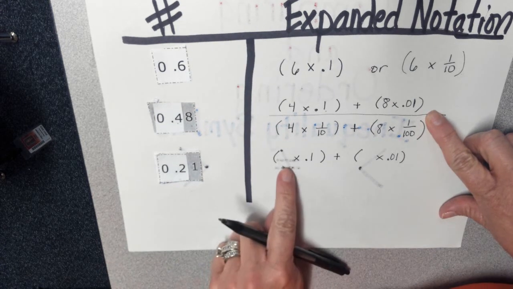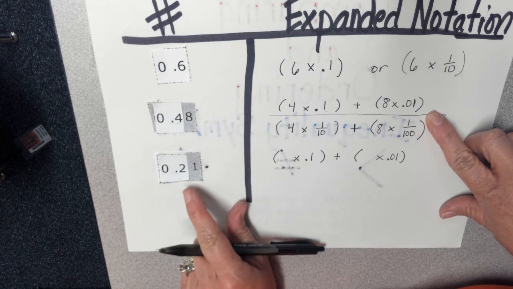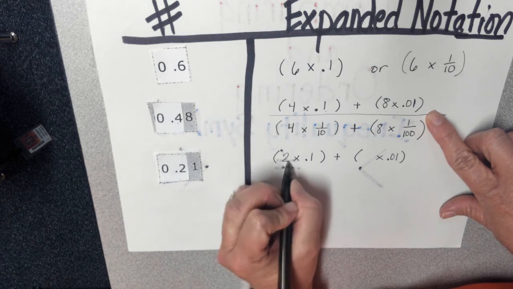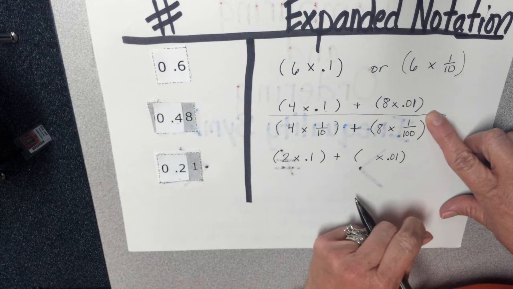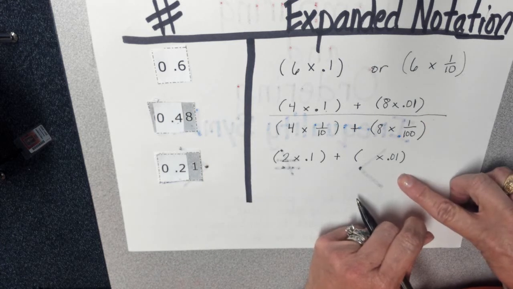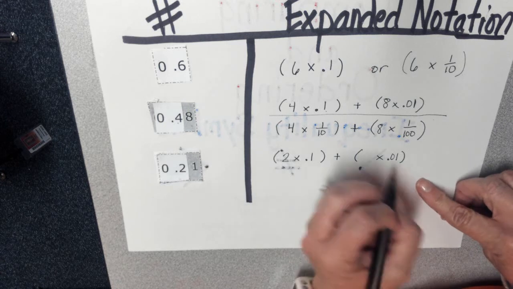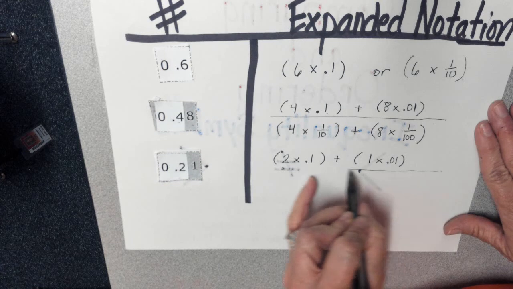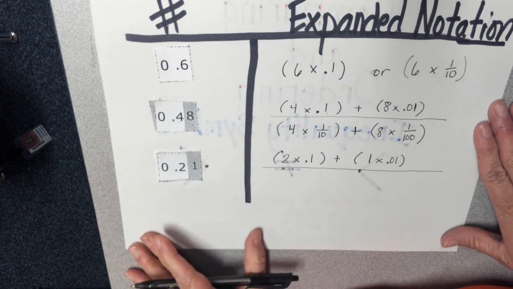Mina, what number is in the tenths place over here? 2. Alyssa, what number is in the hundredths place over here? 1. Let's go ahead and write that in fraction form as well.